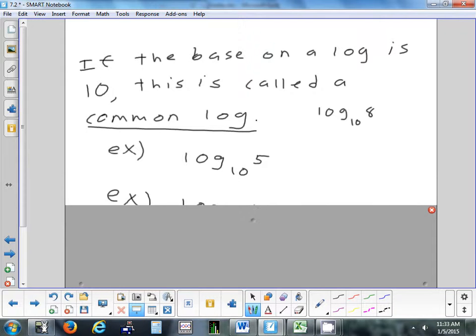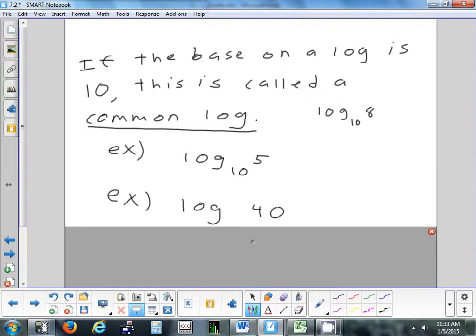Okay, there's another one. Here's another one. What do you notice the difference between those two expressions? Yeah. One has the 10, one doesn't. Right. When you're working with a common log, you don't need to write the base. If you ever write the word log and you don't put a base in, we assume the base is a 10.